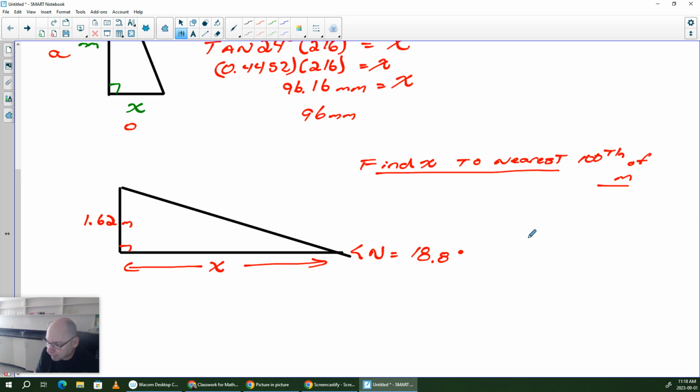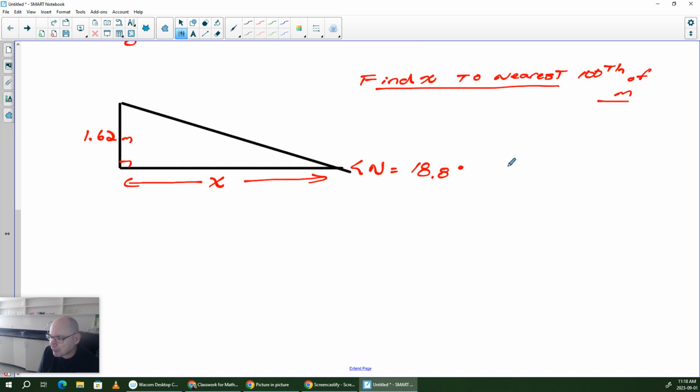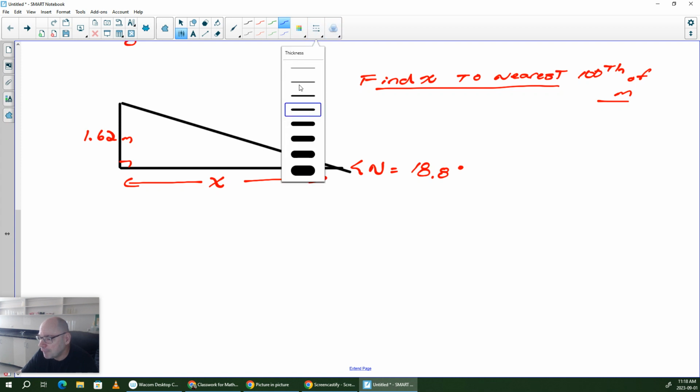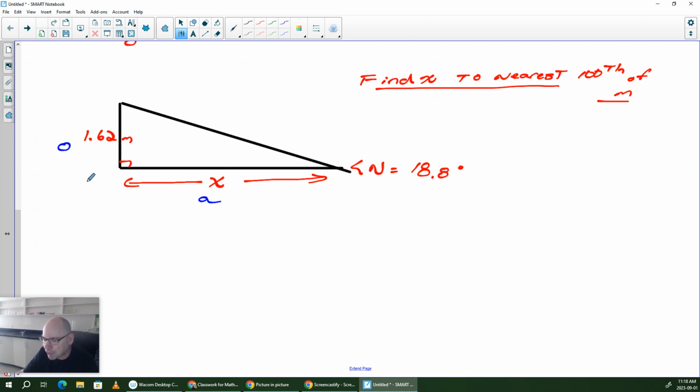Okay, so if I move this down so we can get that near the top there, I'm going to use blue for this part. This is going to be our adjacent side because that's angle N right down here. It's touching it. This is our opposite side. And of course, that's the hypotenuse across the way.